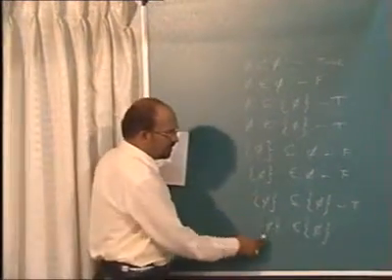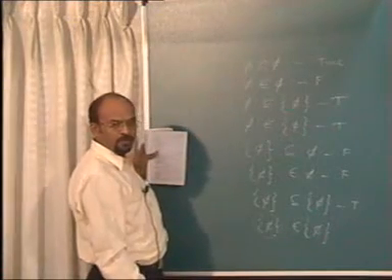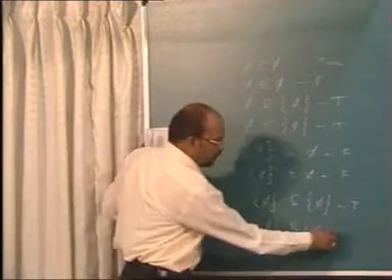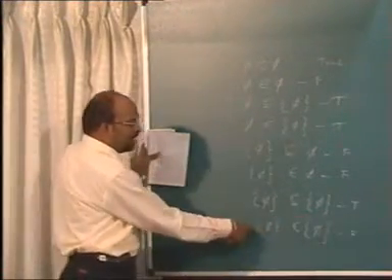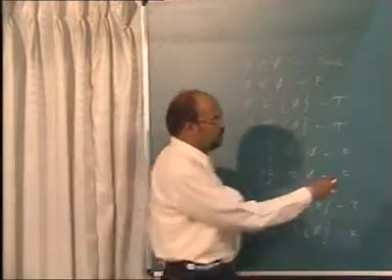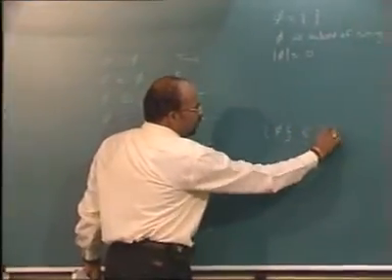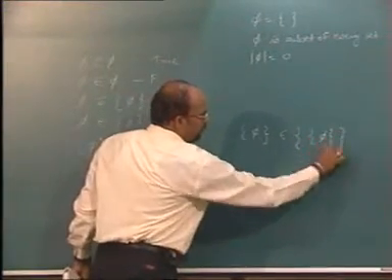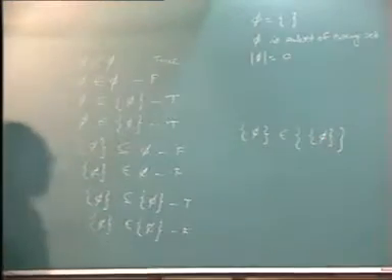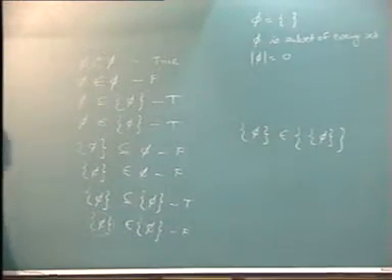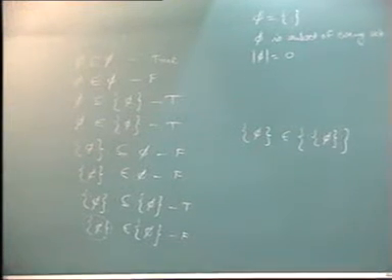Belongingness relation is set with the element. This will be false. What could be true? If this is to be an element of some set, then the obvious set should be one that this can be an element of. That statement can be true.